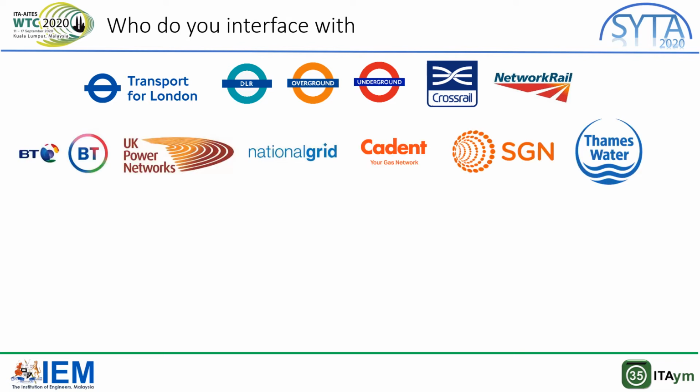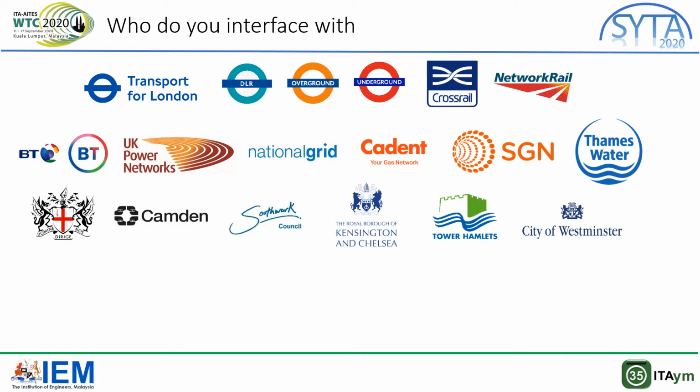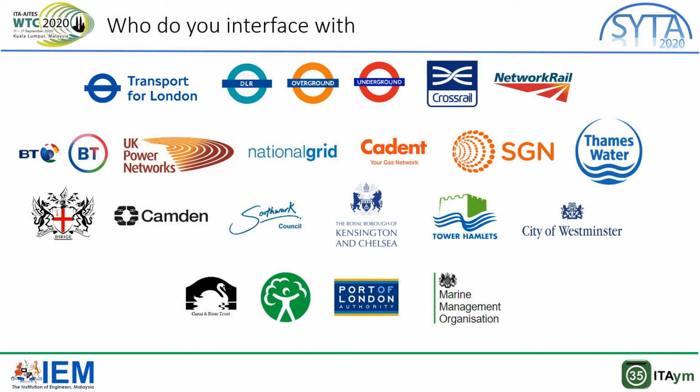Then there is your utility companies, the BTs and the Thames Water for water, National Grid for electricity, Cadent Energy for gas, and there's the local council, which there are more than what's shown on the screen, and those are the people you deal with when it comes to even lorry movements and number of lorries that will be coming to your site and between what time. There's a slightly less obvious ones, Canals and River Trust, who manage the canal system and any bridges.